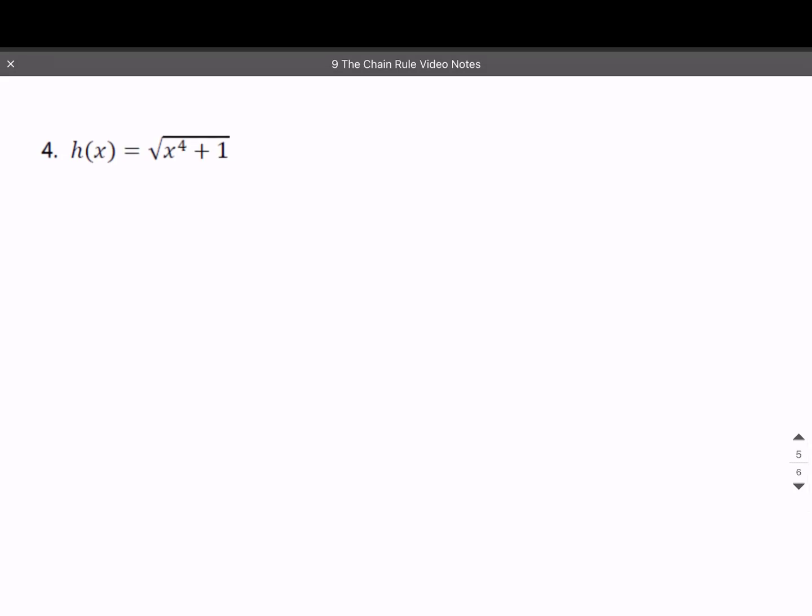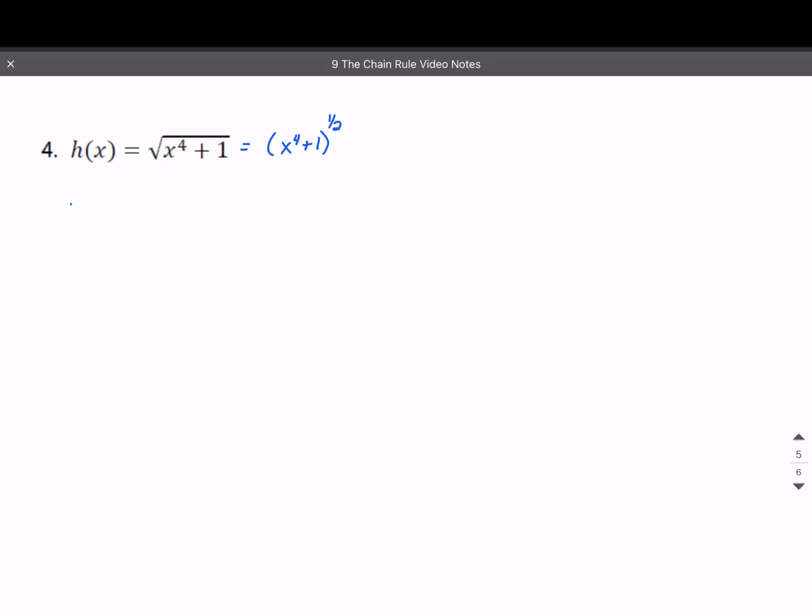Okay, next up, we've got h of x is the square root of x to the 4th plus 1. Now, when I look at this, I definitely see an outside and an inside. The outside is the square root, and the inside is x to the 4th plus 1. But in order to take the derivative of that, we need to realize that this is the quantity x to the 4th plus 1 raised to the 1/2. That when you take the square root, that's raising to an exponent of 1/2.